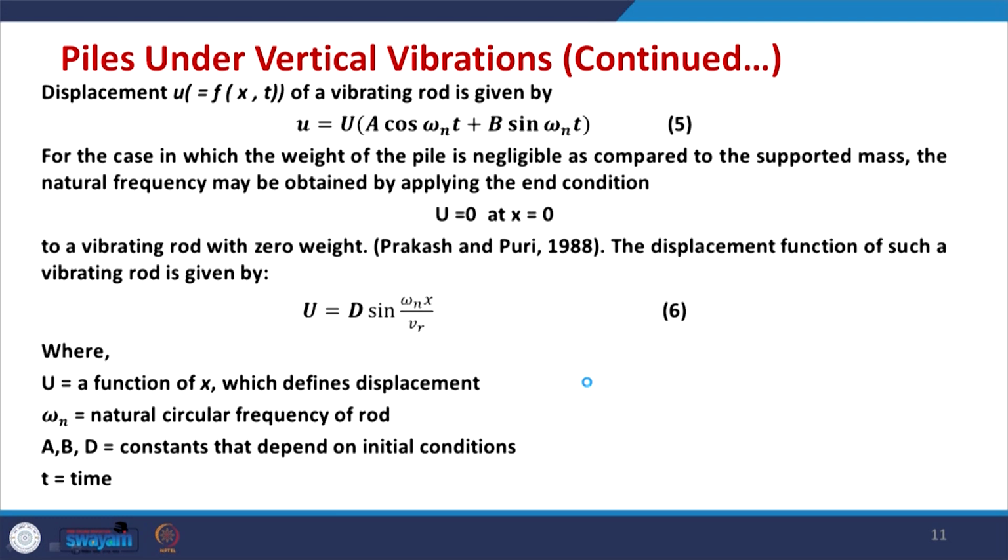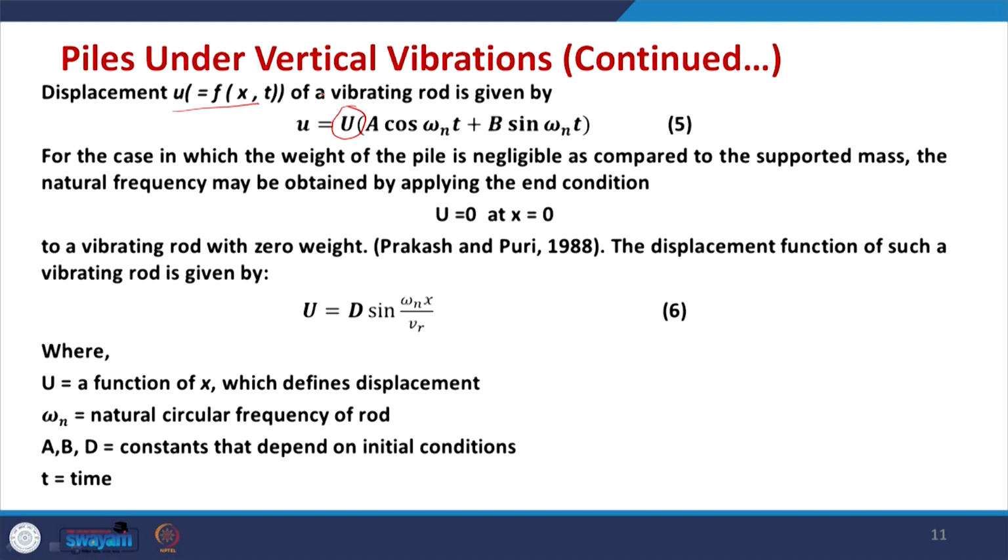U is the amplitude of displacement. So, because small u is a function of x and t, while this part is a function of t only, capital U needs to be a function of x, and that has been given in equation number 6.